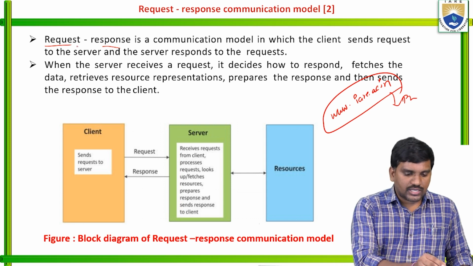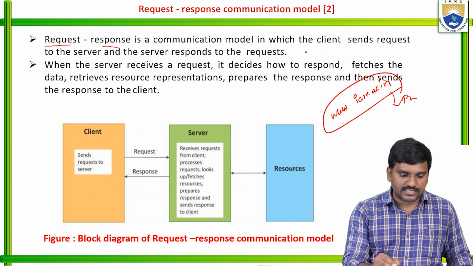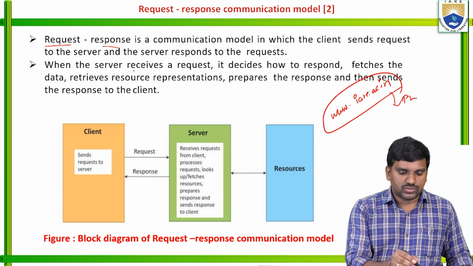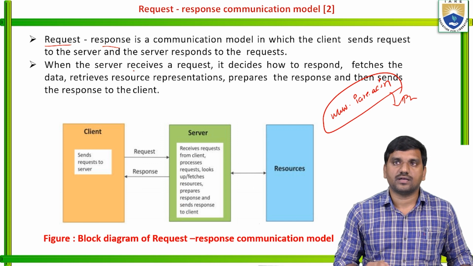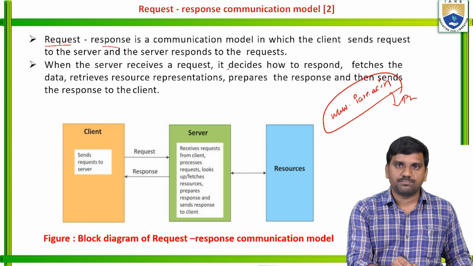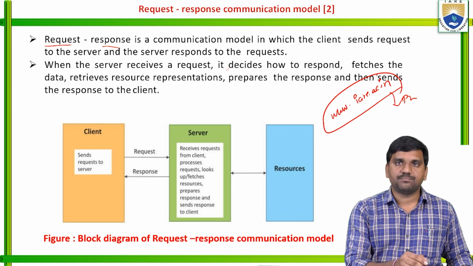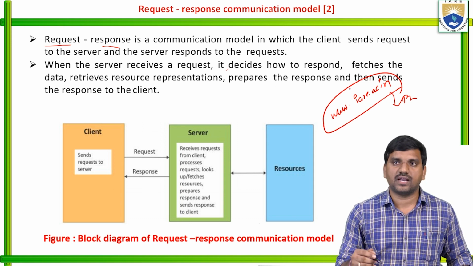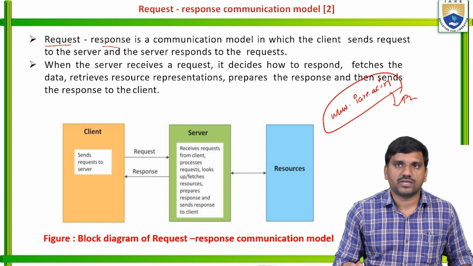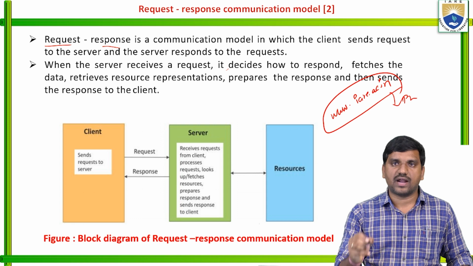So here, request response is a communication model in which the client sends a request to the server, and the server responds to the request. When the server receives a request, it decides how to respond within a short time. It fetches the data, retrieves the resource representation, prepares the response, and then sends the response to the client. This is the basic level of communication model.